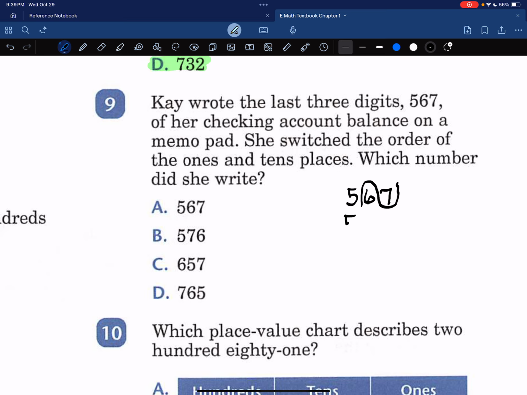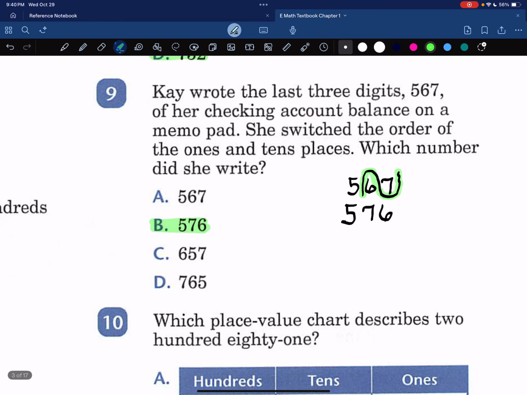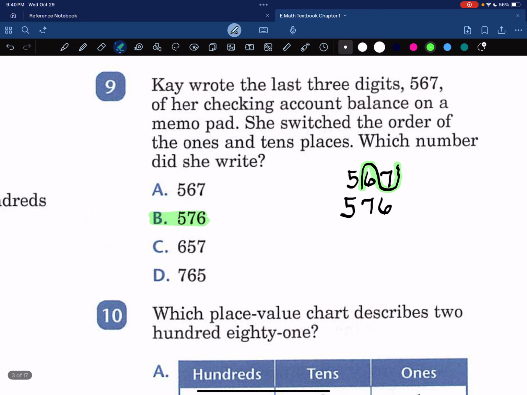So she wrote 576. Which number did she write? That one. This happens to me all the time because I have dyslexia. And I look at something and my brain does that little switcheroo on me. So I know I have to be very careful. So I can relate to Kay.